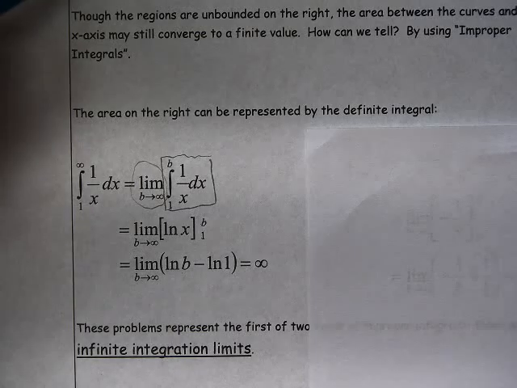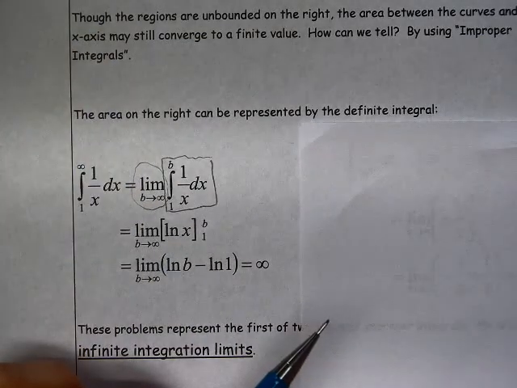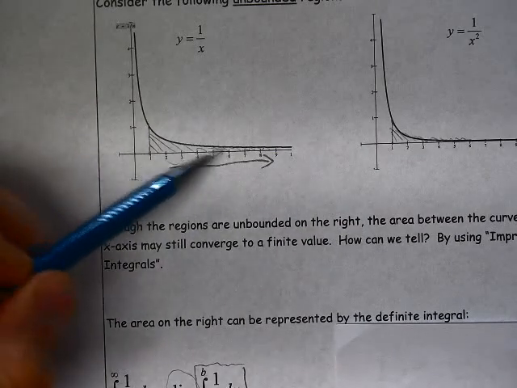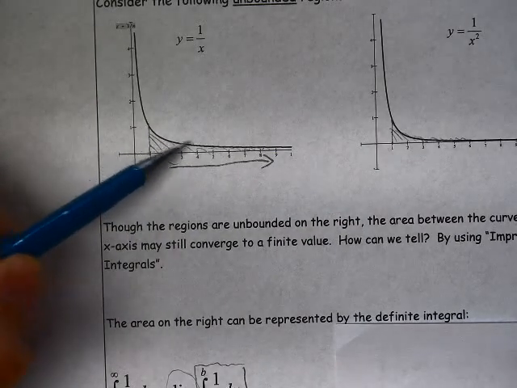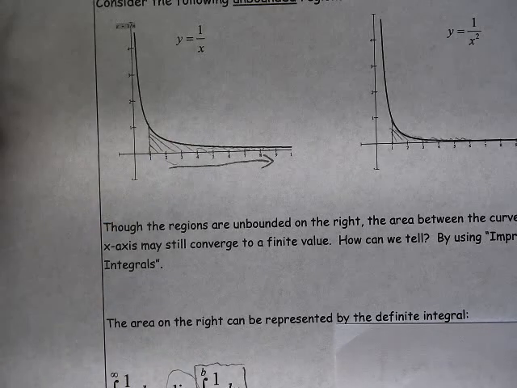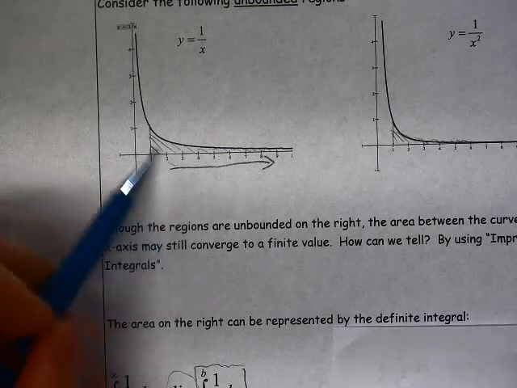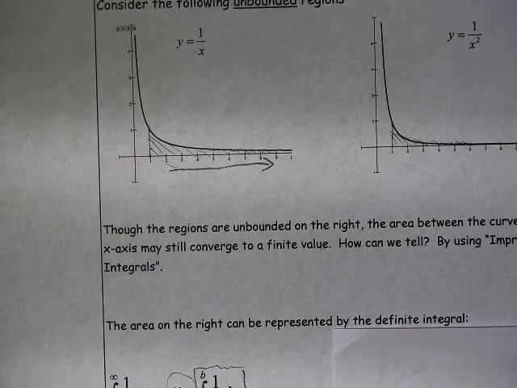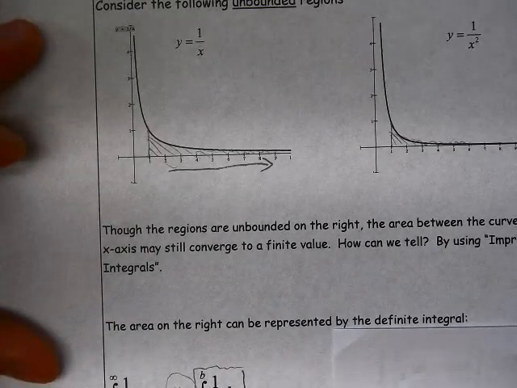So it turns out that the area from 1 to infinity underneath 1 over x is not bounded. The area continues to grow as we move to the right. We keep adding area on out to infinity.